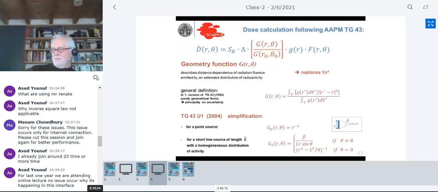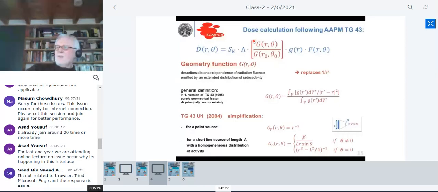That's our geometry function that we use. And what TG43 does is at every measuring point, it uses the ratio of the geometry function at the respective point divided by the geometry function of the reference point. So in this way, you have a calculation in which you simply need to multiply the numbers.